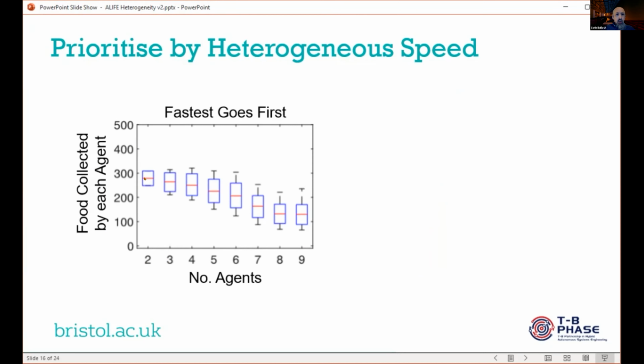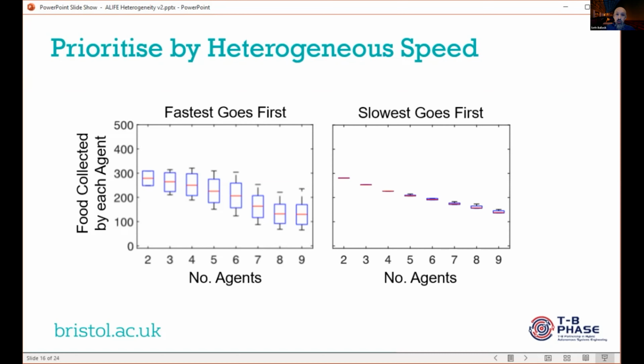And you can also see that there is a spread of the number of journeys performed by agents within each scenario. And in fact, the largest number of journeys are performed by the fastest agents, and that's like a perfect correlation. We can compare that to our slowest goes first scenario, and we see the same sort of decrease caused by the spatial interference.